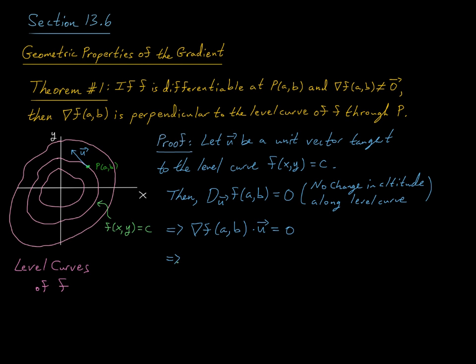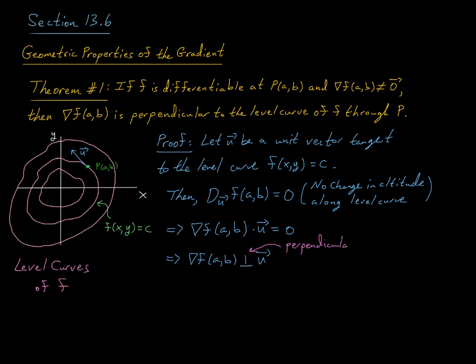But if you recall from Calc 3, the dot product of two vectors equaling 0 would imply that these vectors are in fact orthogonal, or in other words perpendicular. Those are synonymous, and this little upside down t, by the way, just means perpendicular.